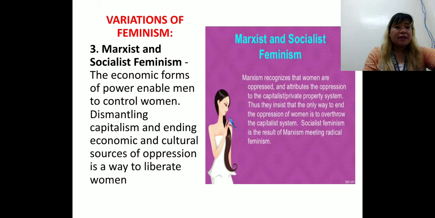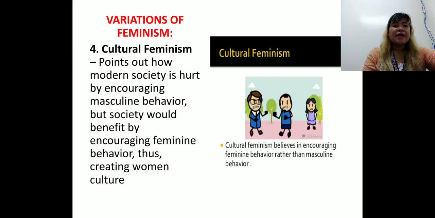Socialist feminism is the result of Marxism meeting radical feminism. So as you can see, Marxist feminism, socialist feminism, and radical feminism are interrelated. Next is cultural feminism. It points out how modern society is hurt by encouraging masculine behavior, but society would benefit by encouraging feminine behavior, thus creating women culture.